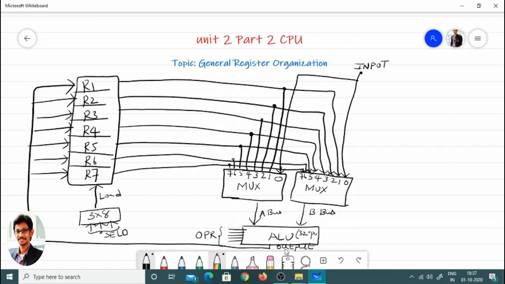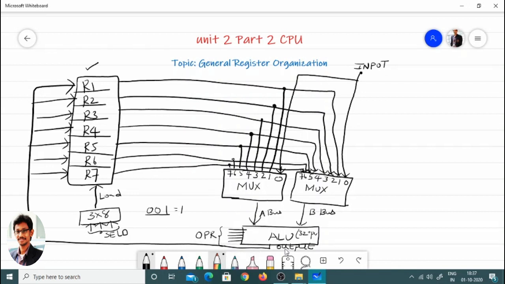based on the input. Suppose these input lines are 0, 0, 1. 0, 0, 1 means which one? 1. So which register will get activated? R1 register will get activated. To this R1 the output goes, right?